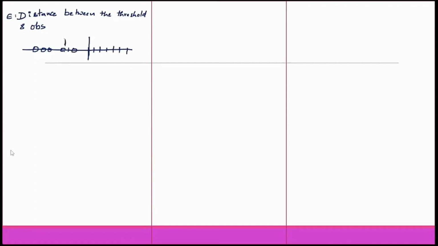This is the margin for zeros, and this is the margin for ones. If this is the distance between the threshold and the observation, it means that in this area, misclassifications are allowed.